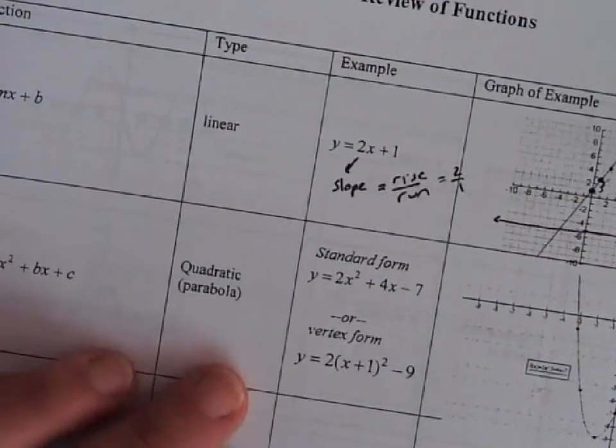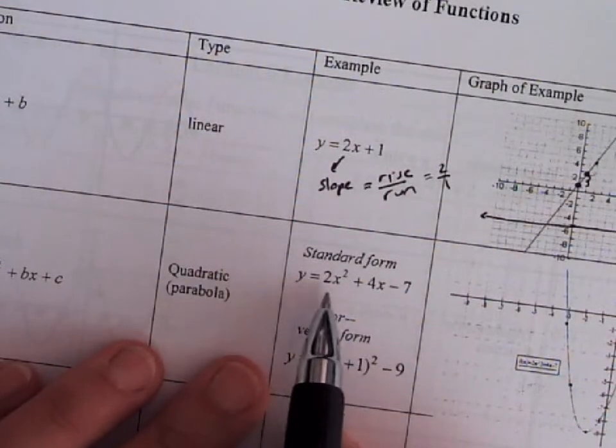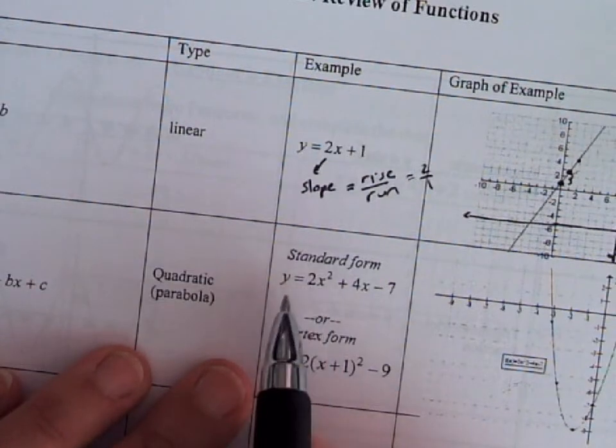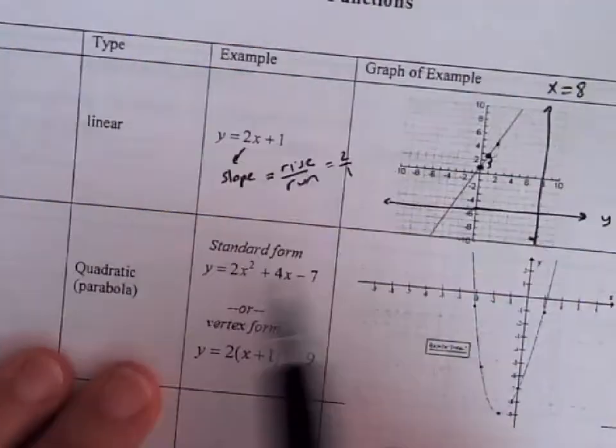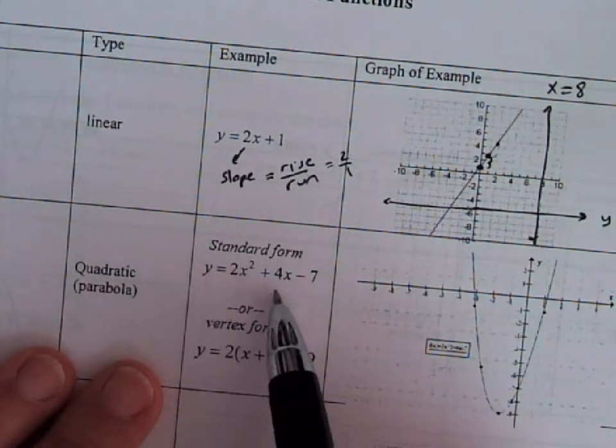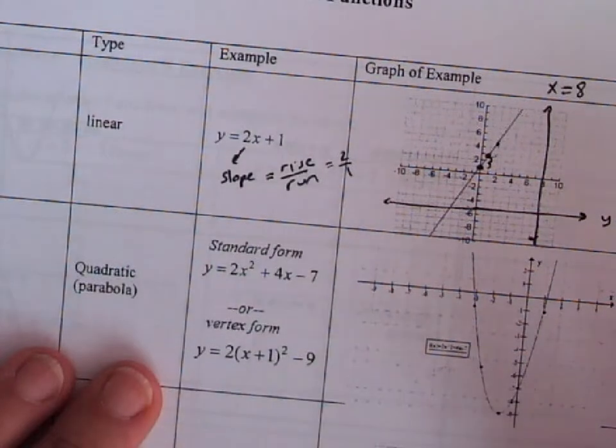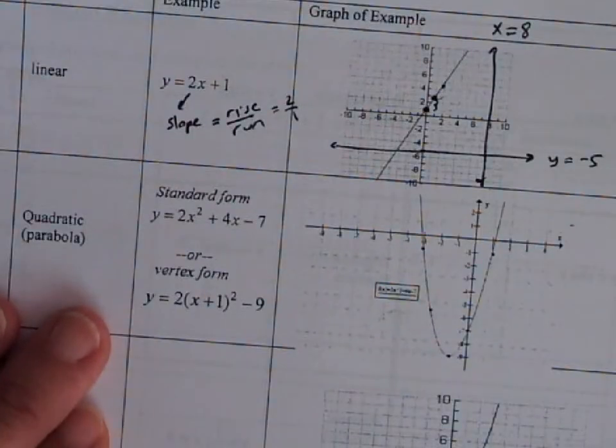So let's look at parabolas or quadratic functions. This is the standard form, ax squared plus bx plus c. Let's say if you have 2x squared plus 4x minus 7, it is in standard form. To be able to sketch a parabola, your equation must be in vertex form.